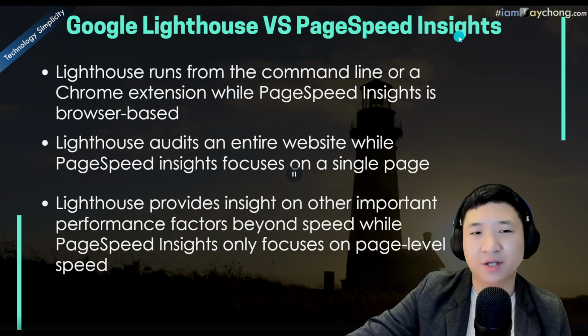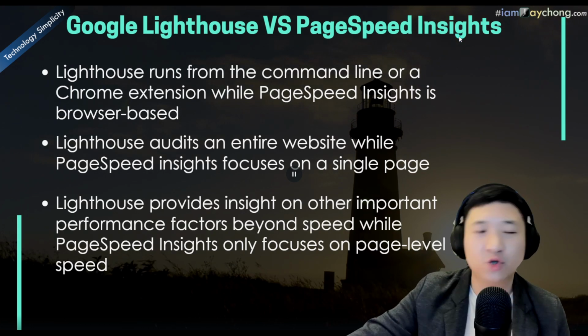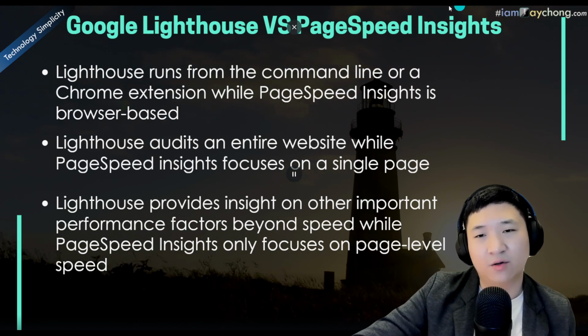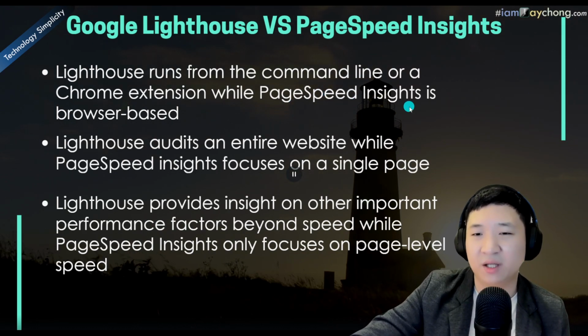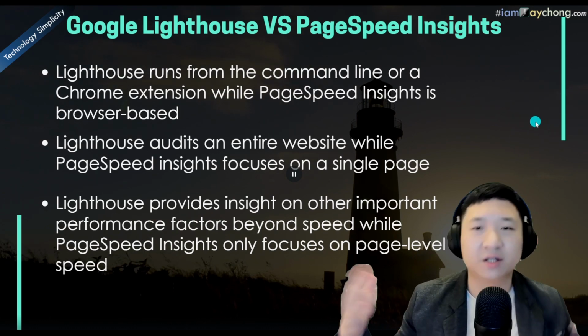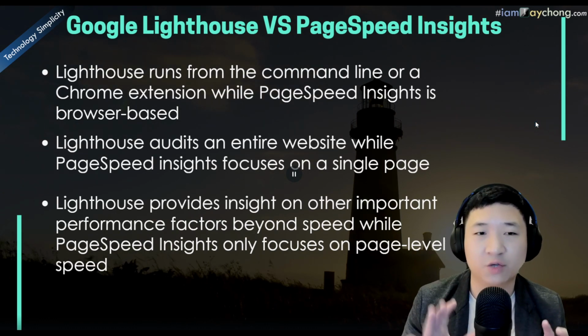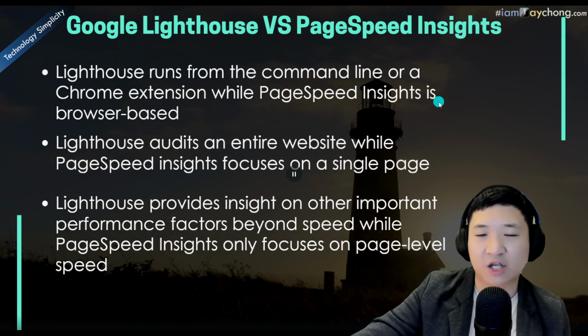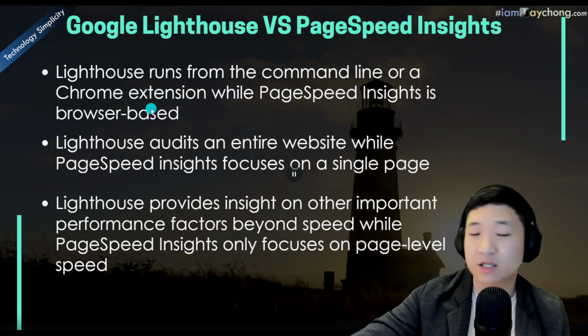Okay. So, Google Lighthouse versus Google PageSpeed Insights. Put it this way: those who are webmasters out there, I'm sure you know there's web.dev, or something we call PageSpeed Insights. It has existed for quite some time. So what are the differences? Let me share it in this way. Lighthouse is run from a command line or a Chrome extension, and PageSpeed Insights is just browser based. That's number one.